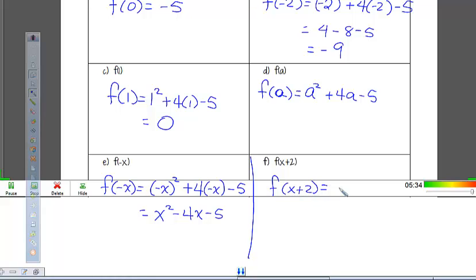We get x plus 2 squared plus 4 times x plus 2 minus 5. Okay, x plus 2 squared is what? Okay, very good. X squared plus 4x plus 4.